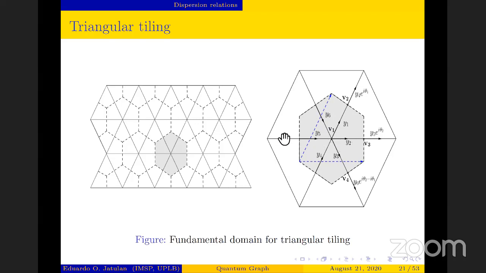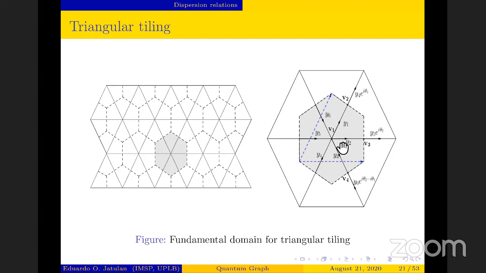As in our assumption before, this potential is the same as this potential, so the potential Q5 is equal to the potential Q2. Same with this one, we have the potential Q6, same as Q3, and Q4, same as Q1. And we have the yj's, the functions satisfying this, defined at each edge of this quantum graph.